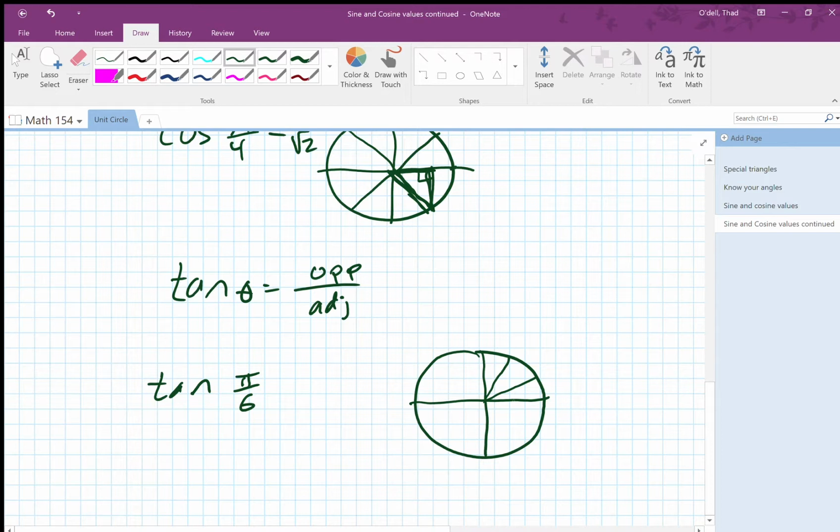So pi over 6 would be one of these. So there's my 30, 60, 90 triangle. And we know that this is 1/2, and this is rad 3 over 2. So tangent is looking for both of those. Tangent wants opposite, which is 1/2 on top, and adjacent, which is rad 3 over 2 on the bottom. Of course, when you divide a fraction by a fraction, you can flip it over and multiply. So this ends up being 1 over rad 3.